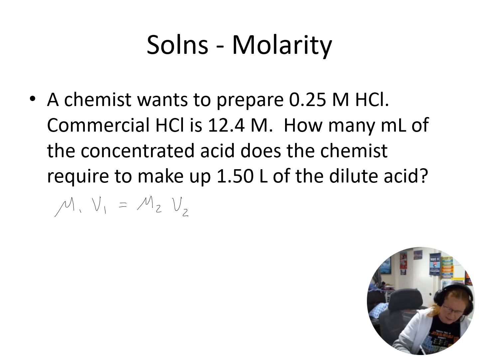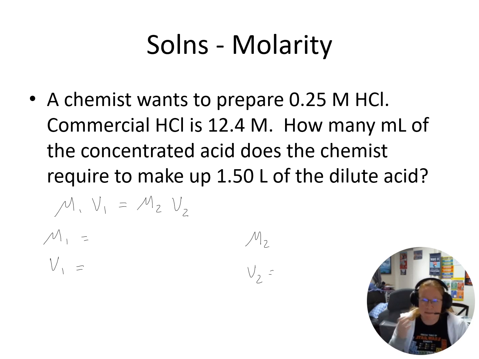So we're going to have an M1 and a V1, and an M2 and a V2. Typically, when we're doing dilution, we take M1V1 to be the more concentrated solution and M2V2 to be our target dilute solution. So M1, concentrated. I have 0.25 molar versus 12.4 molar. Which one's more concentrated? The 12.4.